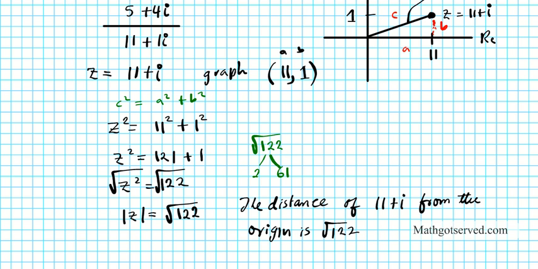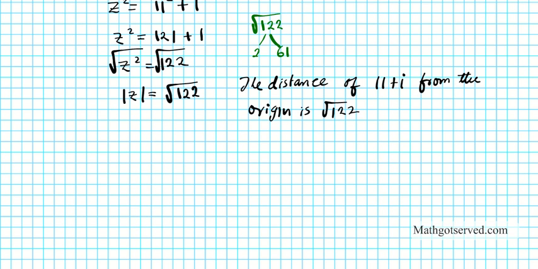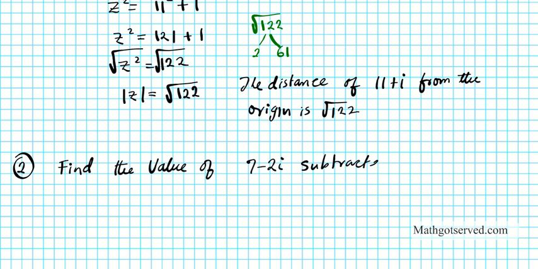Okay, now let's go ahead and try another example. This will involve finding the difference. So for number 2, this is how we're going to consider the problem. Find the value of 7 minus 2i subtracted from 4 minus 5i.